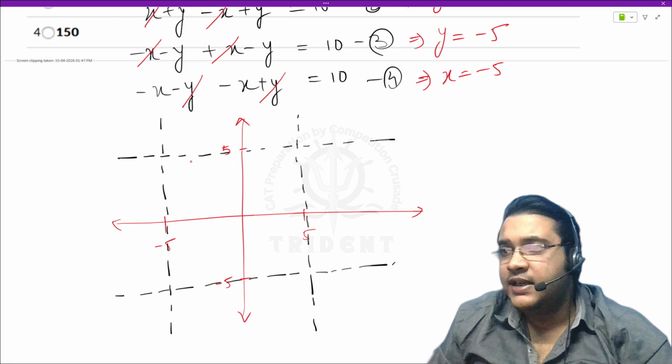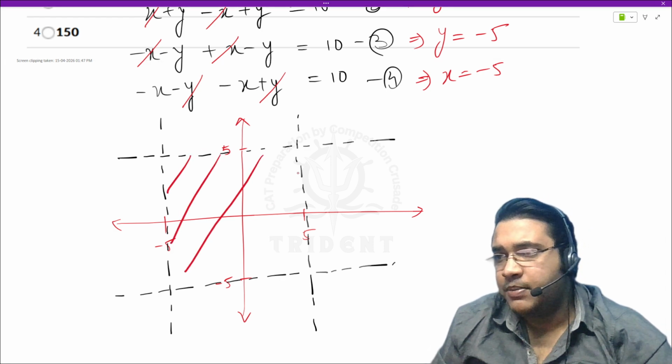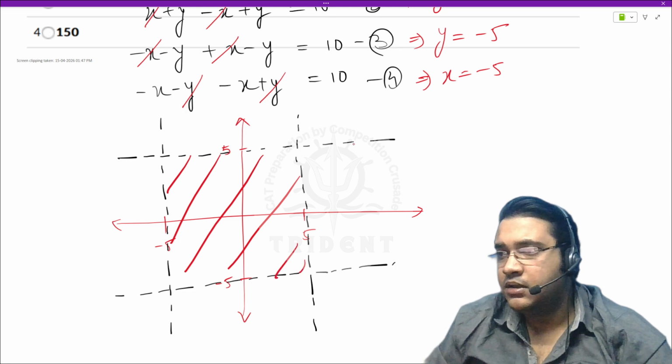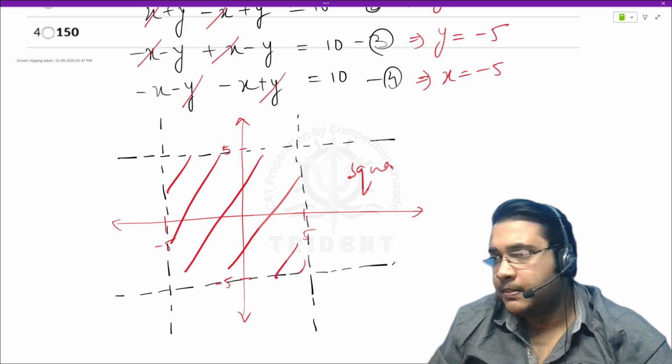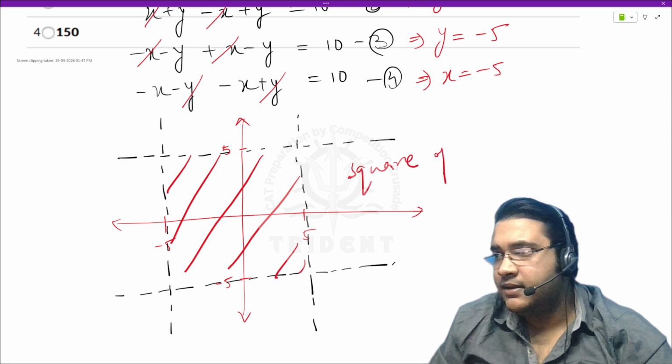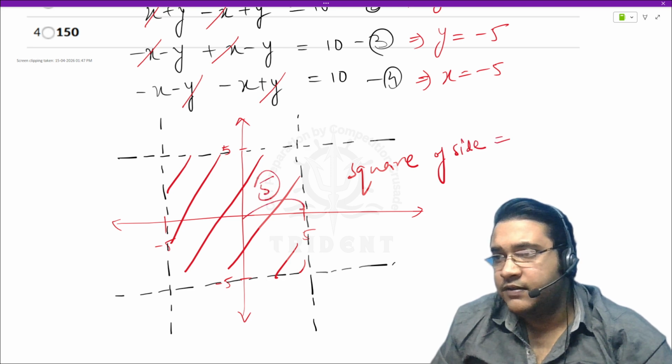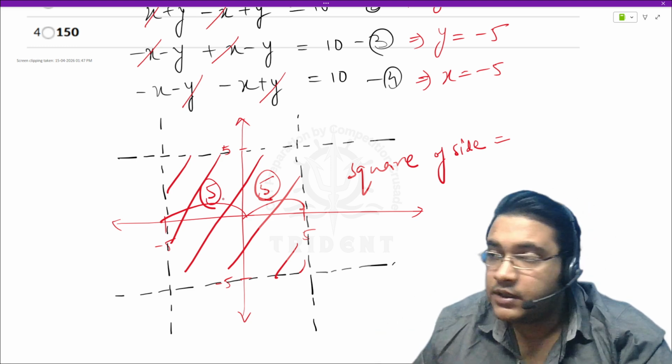Now you can see very well this is taking the shape of a square of side, from here this is 5 units, again this one is 5 units, so the side of the square is 10 units, right?